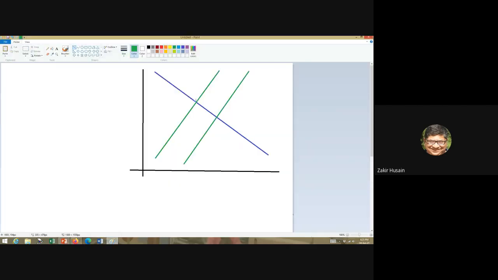So that means for the same Y, this will be the new LM curve. This is the IS curve, this is LM, and this is M2.